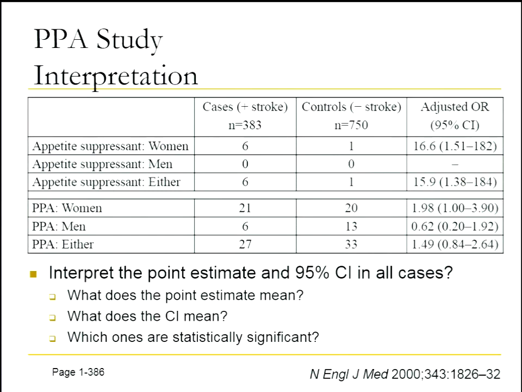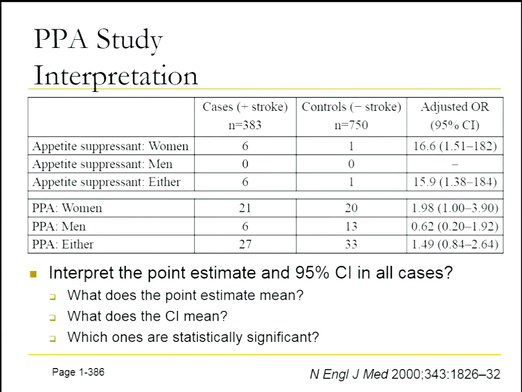This is a large confidence interval, a huge confidence interval. Because that confidence interval does not include 1, that's a statistically significant association. A 16.6-fold increase in odds, that was statistically significant. Down to this 15.9 point estimate, again, that's statistically significant.